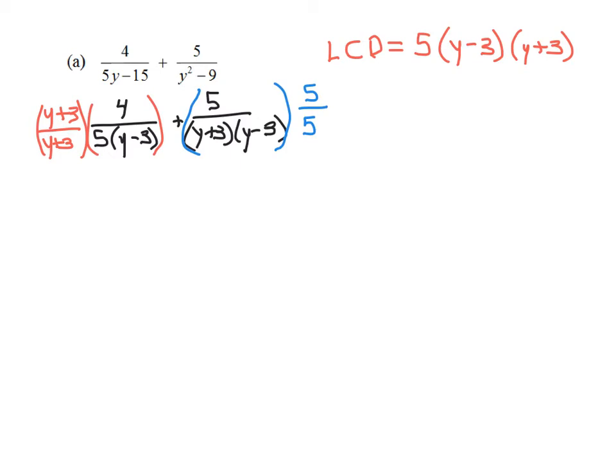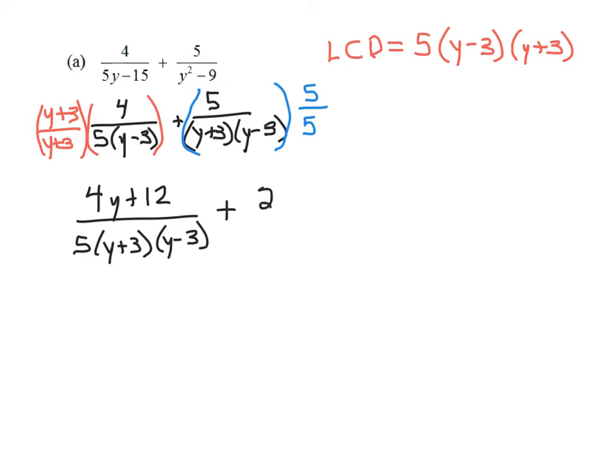Now look at our simplification here. In the first fraction, 4 gets multiplied by y plus 3, so that's 4y plus 12, over my common denominator, 5 times y plus 3 times y minus 3. Second fraction, multiply 5 times 5, that's 25. That's going to be over the common denominator, 5 times y plus 3 times y minus 3.